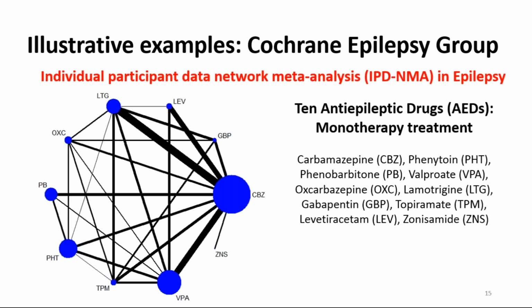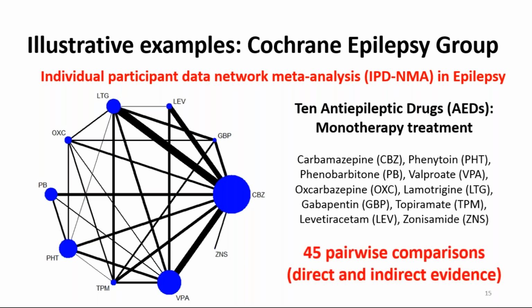Those two drugs have never been compared head-to-head in a trial. However, using the rest of the information in the network, we can form what is known as an indirect comparison between those drugs to get an idea of how they would compare head-to-head without actually having to do it. So in total for these 10 drugs, we have 45 different pairwise comparisons that we can make from either direct or also from indirect evidence.